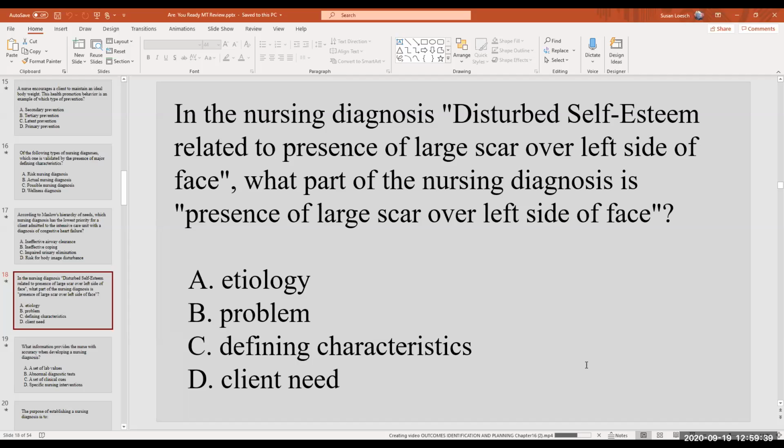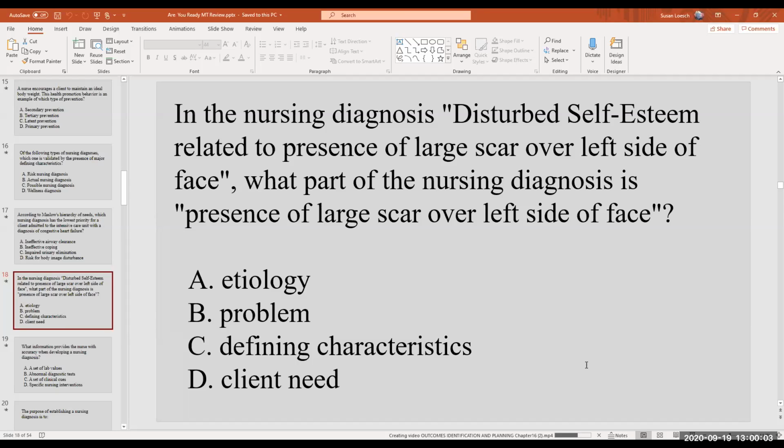Presence of the large scar is the cause of that problem, right? Because that large scar is what's causing them to have a disturbed self-esteem, correct? Yes. So what's the answer? A is the answer.